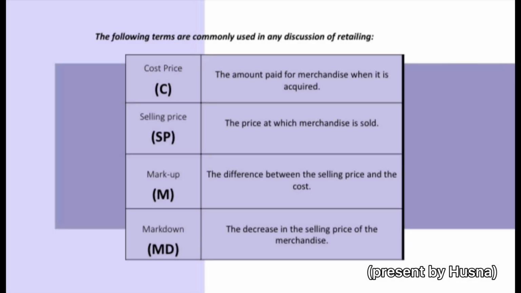The following terms are commonly used in any discussion of retailing. The first one is cost price, the amount paid for merchandise when it is acquired. The second one is selling price, the price at which merchandise is sold. The third one is markup, the difference between the selling price and the cost. And the last one is markdown, the decrease in the selling price of the merchandise.